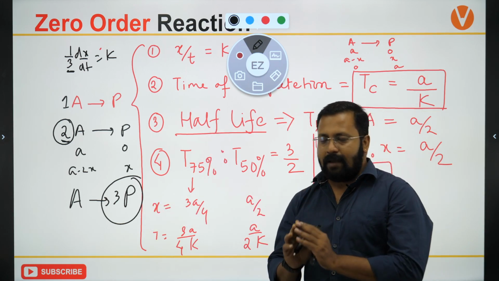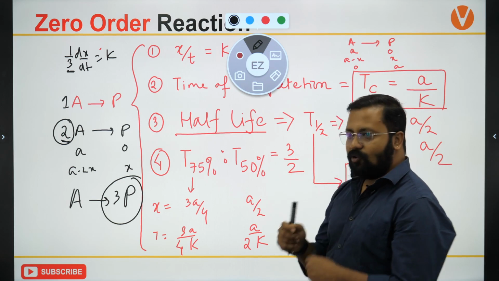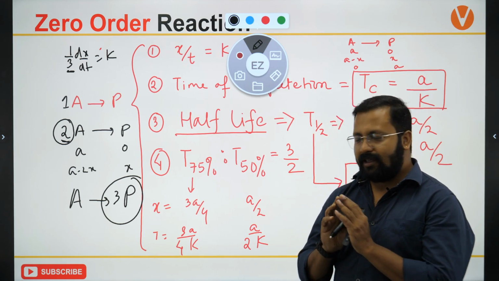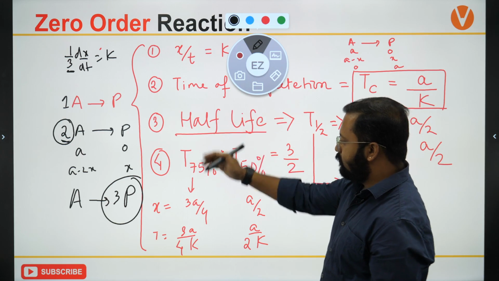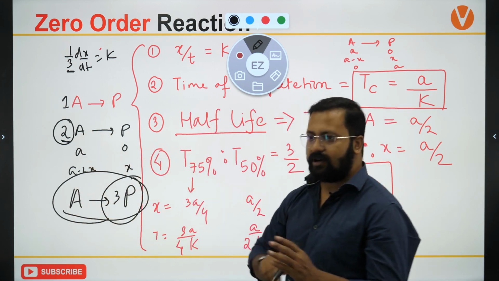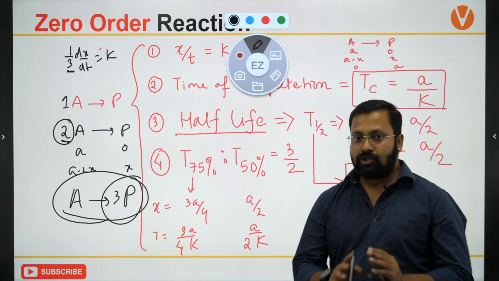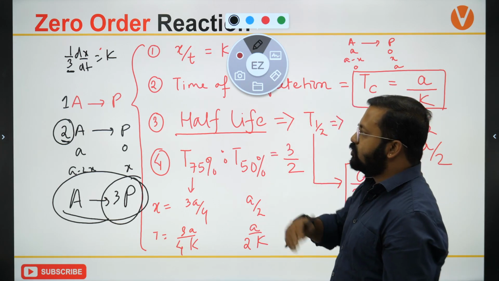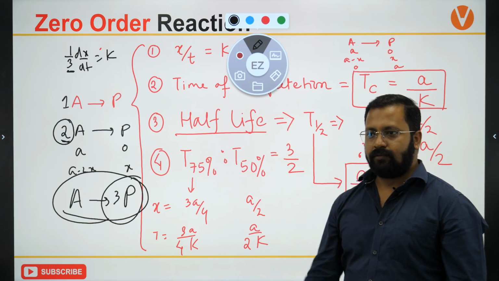Okay, so remember that you have to keep a track of the reaction, whatever it is given. Unless and until it is mentioned, always consider the reaction with one stoichiometric coefficient.